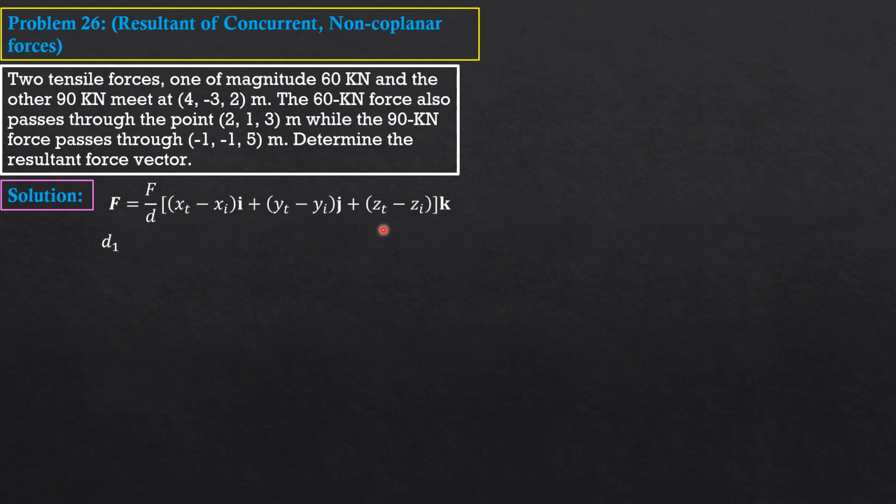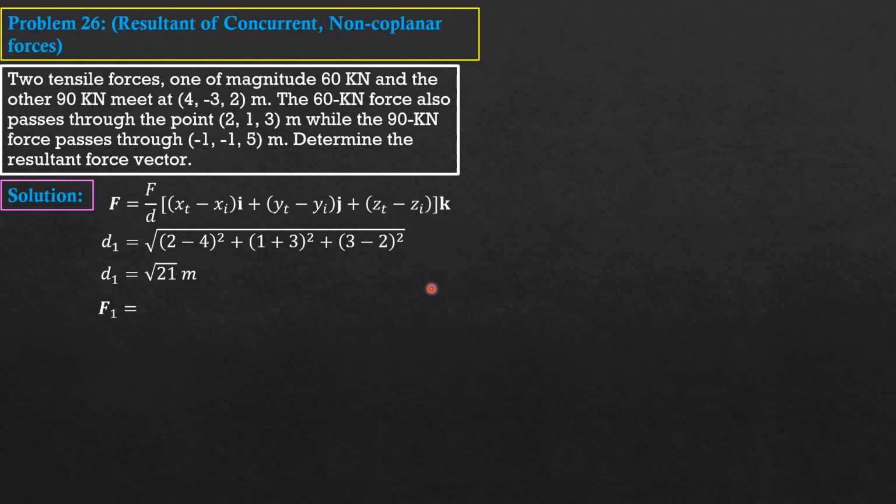Distance 1 is the square root of, because the 60 kilonewton load begins at (4, -3, 2) and ends at (2, 1, 3), the quantity 2 minus 4 squared plus the quantity 1 minus negative 3, so 1 plus 3, squared, plus the quantity 3 minus 2 squared. So distance 1 is equal to the square root of 21 meters.